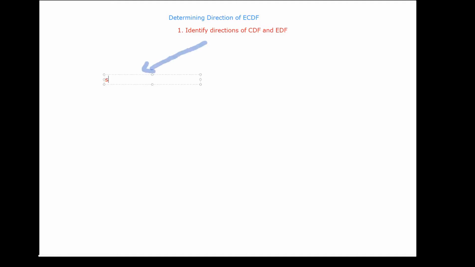So if they're the same direction, say the CDF and the EDF are both pointing into the cell, then we don't have a problem determining the direction of the electrochemical driving force, because since they're both pointing the same direction, our electrochemical driving force is going to be in that direction.